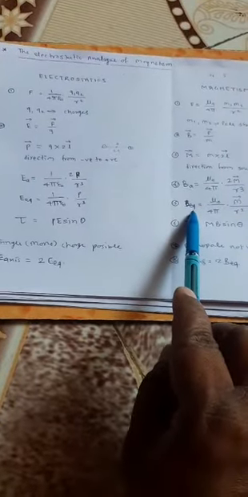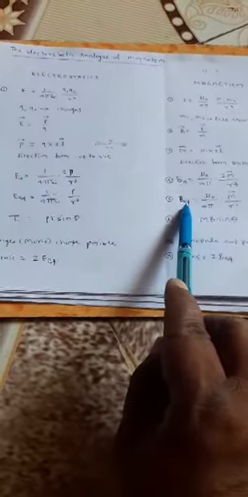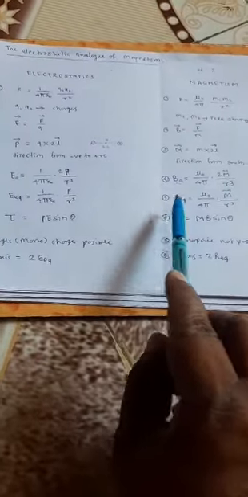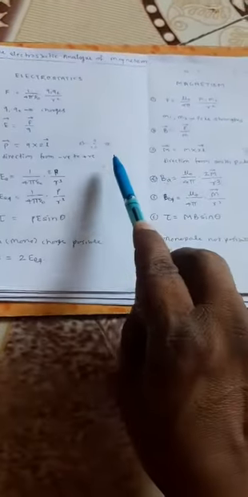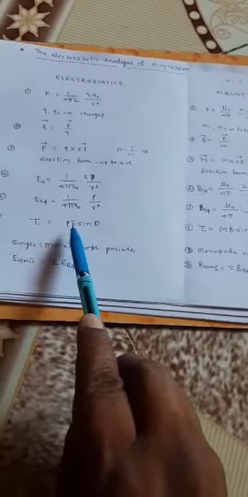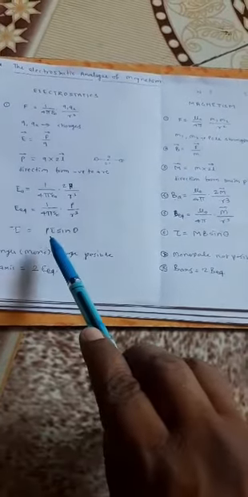BEQ is the magnetic field at a point on the equatorial of the dipole. Here is the electric dipole, here is the magnetic dipole. Torque acting on an electric dipole is P E sine of theta. Similarly, torque acting on a magnetic dipole is M B sine of theta, where M is the magnetic dipole moment. Here P is the electric dipole moment, E is the intensity of electric field, and B is the intensity of magnetic field, or simply the magnetic field.